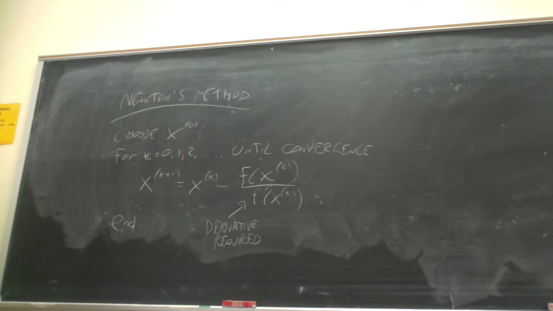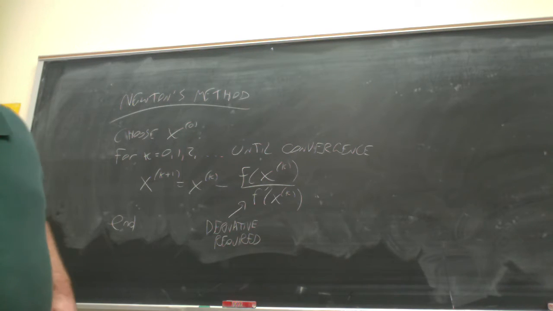So next class, I will give an easy workaround to that, where instead of a true derivative, we use an approximate derivative, the slope of a secant line instead of a tangent line, and that leads to what's called the secant method. So that will help with that situation. I just wanted to quickly point that out.